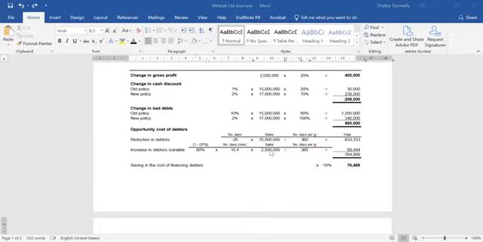So as per the example in your notes and in the book, you work out your reduction in debtors based on the full amount of the existing sales, which you're going to be receiving 20 days earlier.